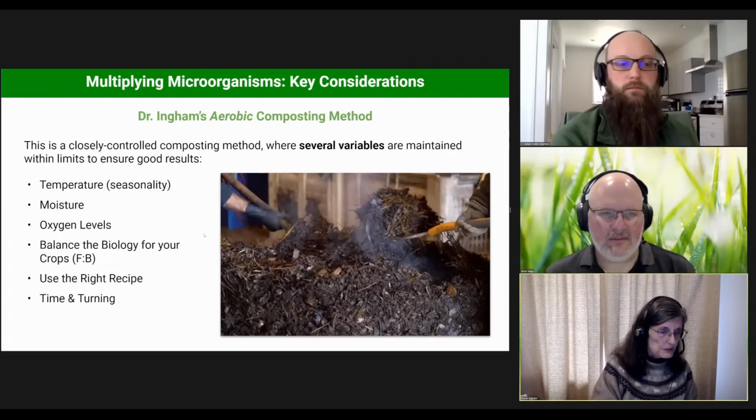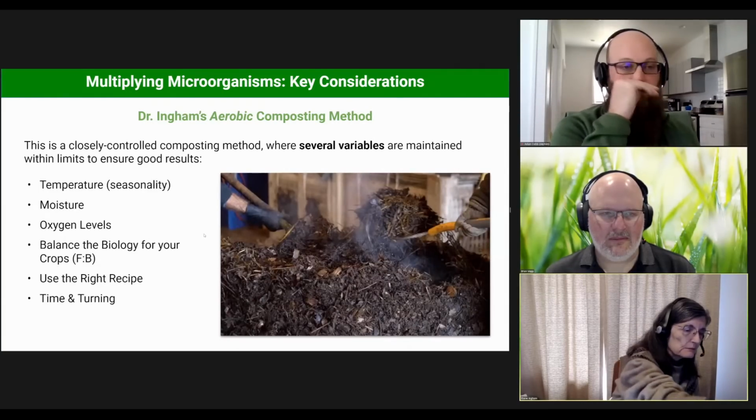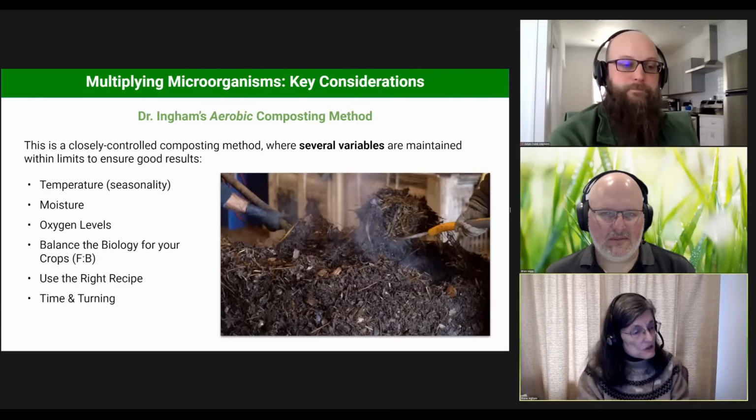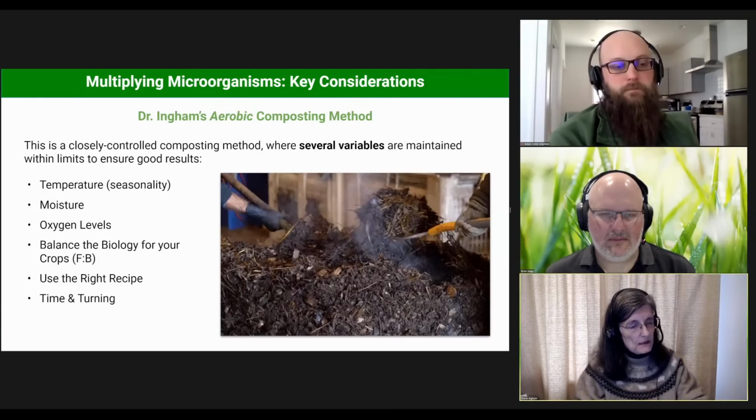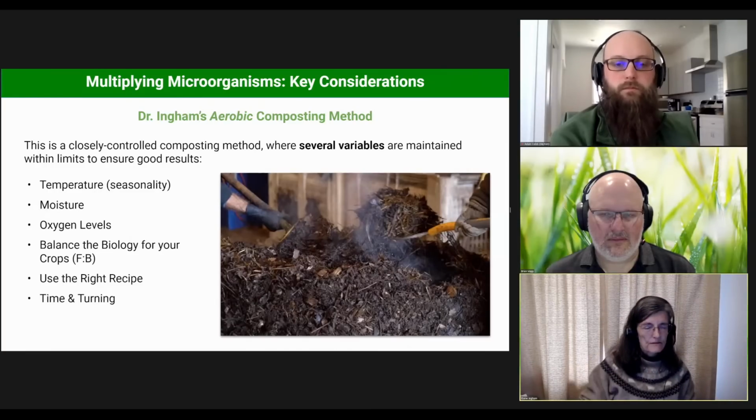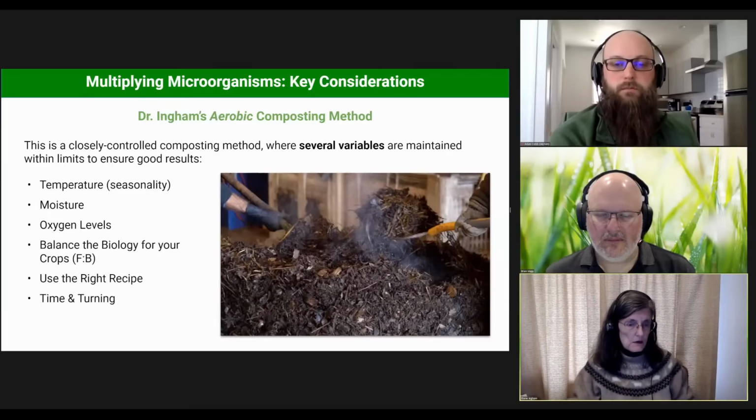Aerobic composting method. I've briefly pointed out the things you really want to be looking at. You want to measure these things to make sure that the biology is growing properly. Look at the steam coming up off of that compost pile. A lot of people would be worried, oh, it's going to burst into flames.